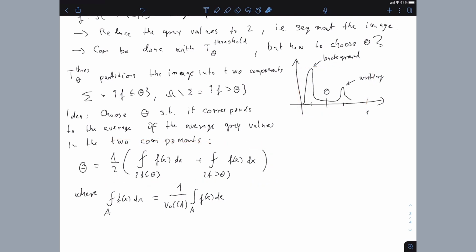Unfortunately, this is a rather complicated equation, because the thing that we are looking for here is the integration domain. So now you have to figure out a way to compute this theta. We now know what we want to fulfill, but then we need a way to compute it. So solving directly for theta is not an option.